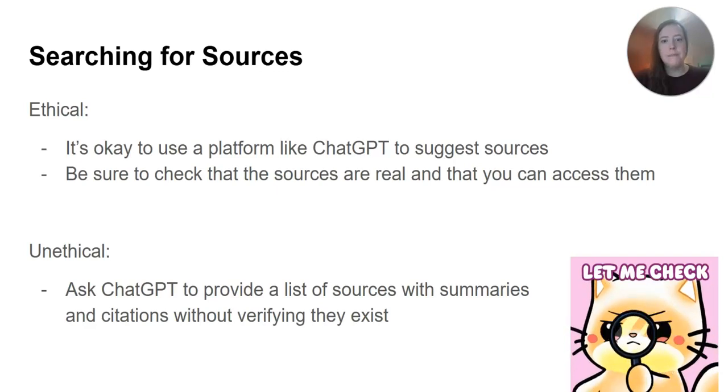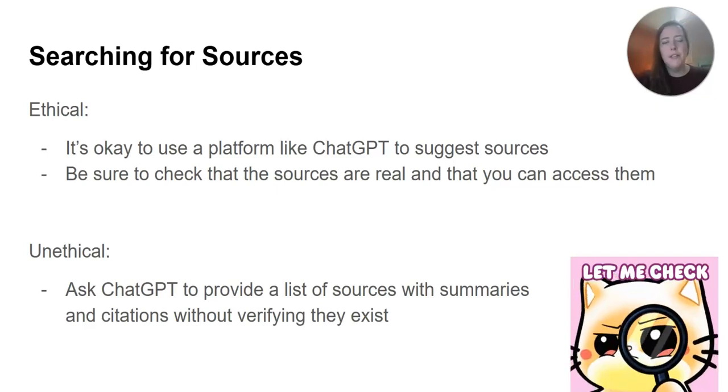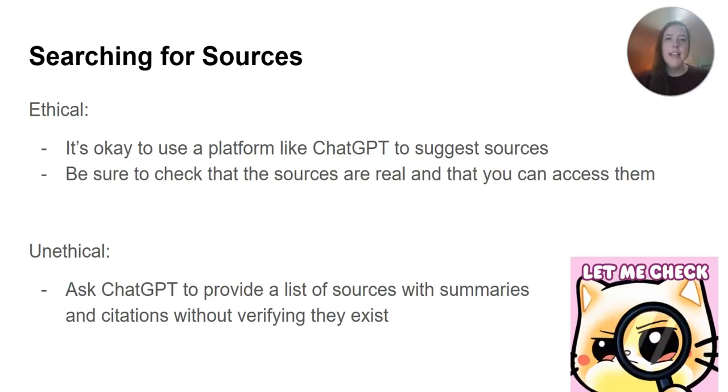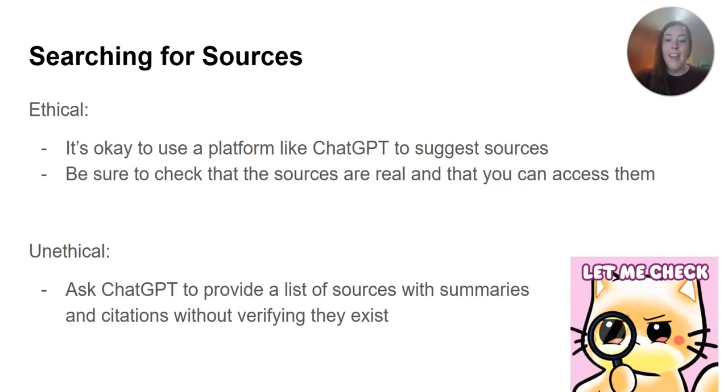Something that I think probably has happened in the past is, maybe a student will say something like, create an annotated bibliography with summaries, audience purpose tone statements, and in-text citations, and it makes the complete document for you. But those sources could, even though they're summarized, even though they've got all of the requirements for an annotated bibliography, those sources could absolutely be false.